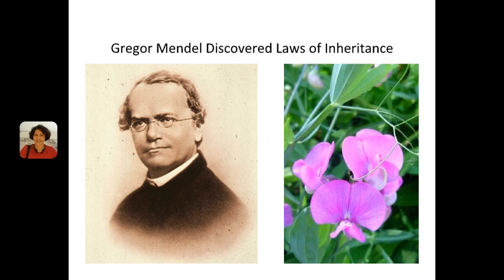Classical genetics is also called Mendelian genetics, and it was discovered by Gregor Mendel, who was a monk, and he did experiments with pea plants, with garden peas, and one of them is shown on this picture over here.